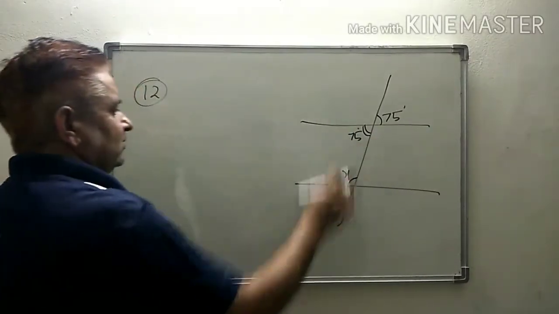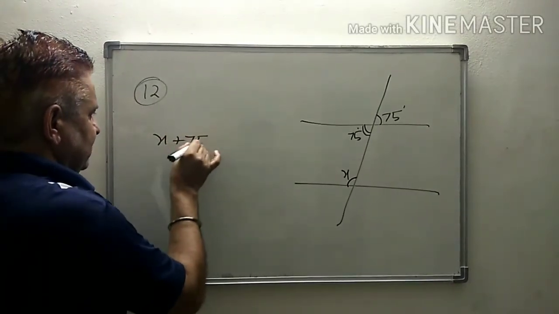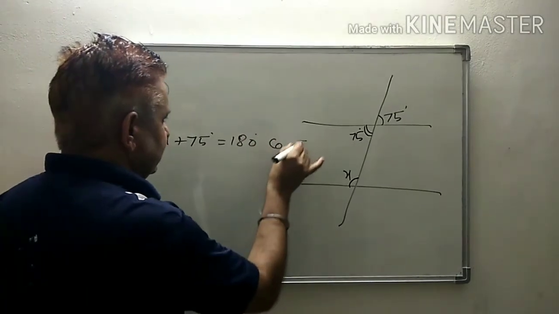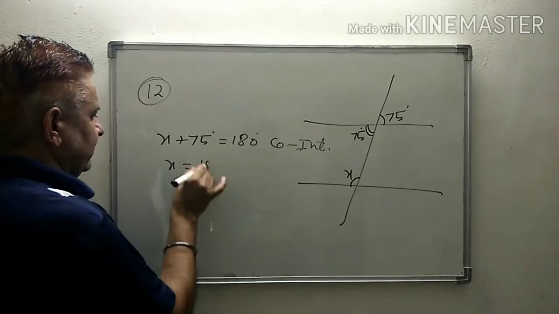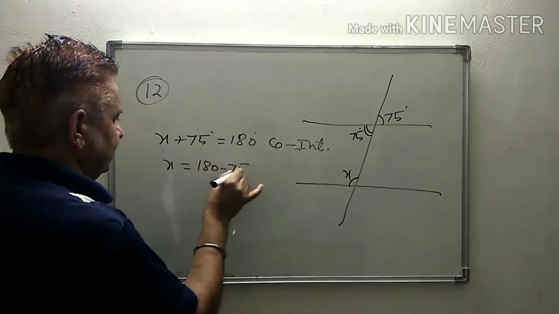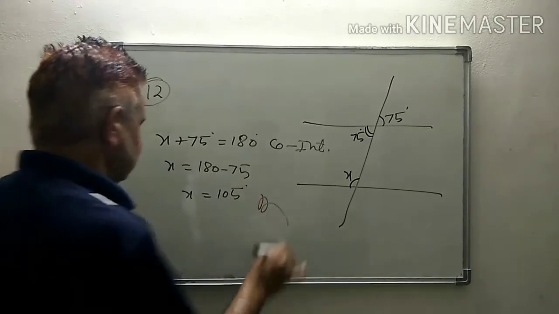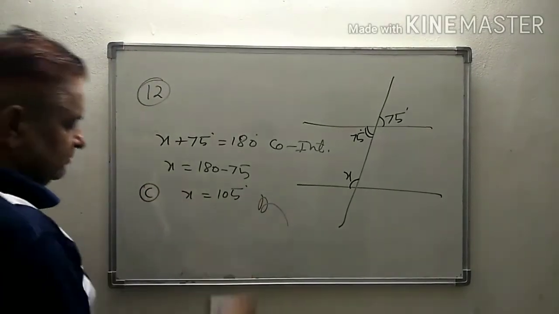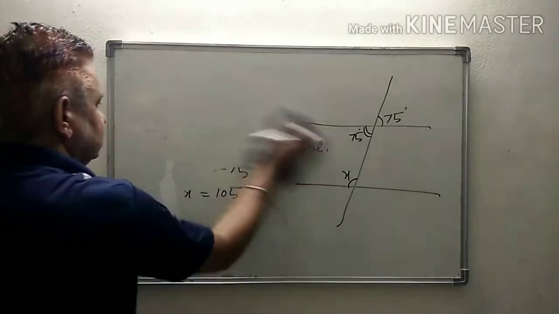These two angles are co-interior angles. x plus 75 equals 180, co-interior angles. x equals 180 minus 75, x equals 105, right? So option C is the right answer.